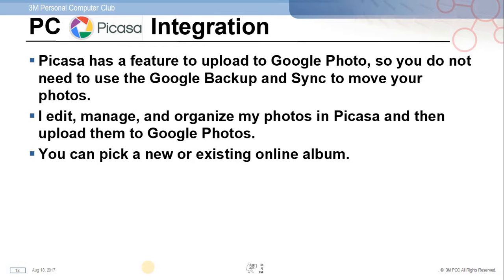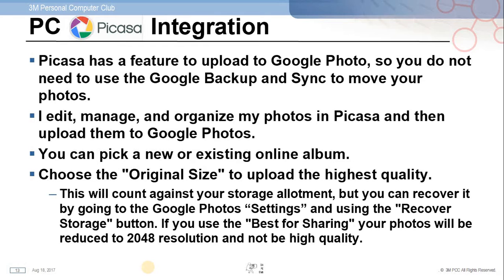You can pick a new or an existing online album. So when you upload, it groups the stuff together by albums, and you'll see in Picasa you can assign them to an album. When you upload, there are options for the size, and what I recommend you do is choose the original size to upload to give you the highest quality. This is where it gets a little complicated again.